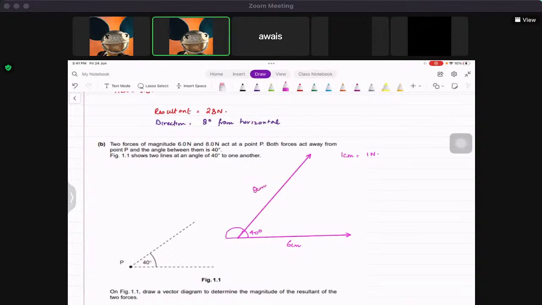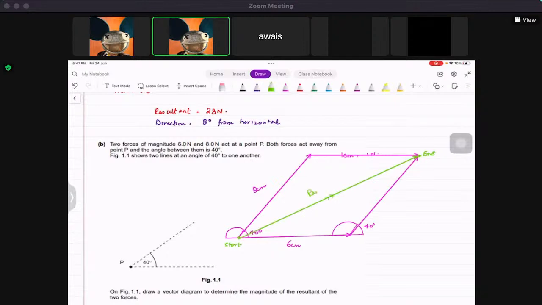then put a protractor again, take 40 degrees like this, and then a parallel line really. What you do then is, because you started from here and that is the end, you draw a line from start to end like this, and that would be your resultant.